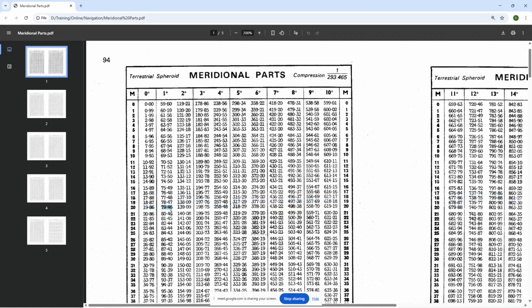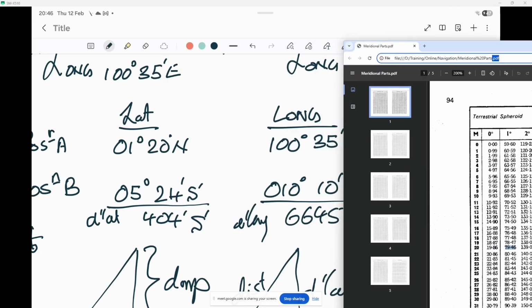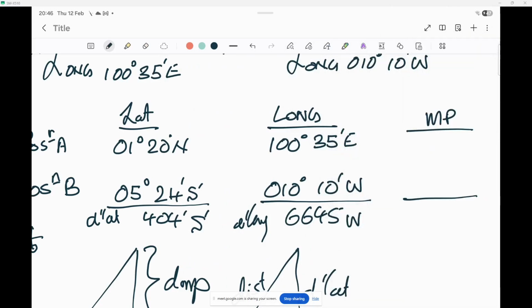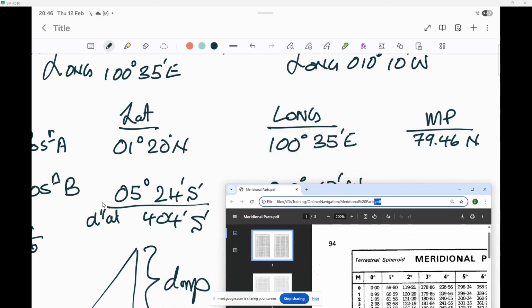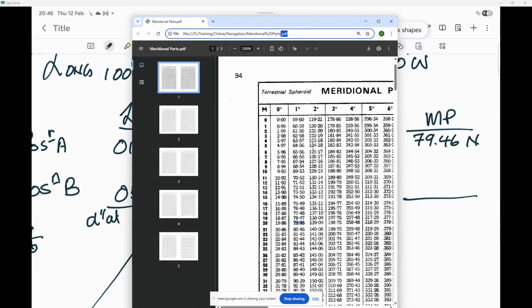Okay, 1 degrees 20 minutes is 79.46. So let's write down that one: 79.46, and that is north. And the next meridional part is for 5 degrees 24 south. So let's go to 5 degrees.